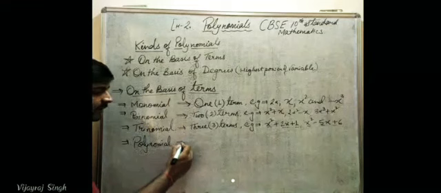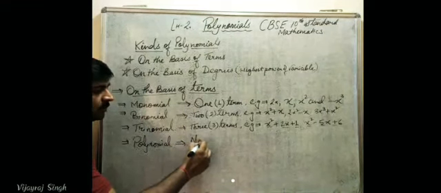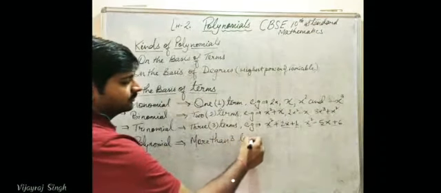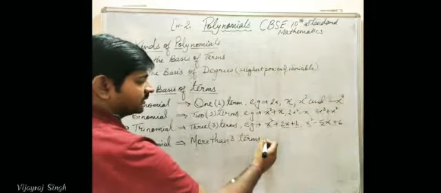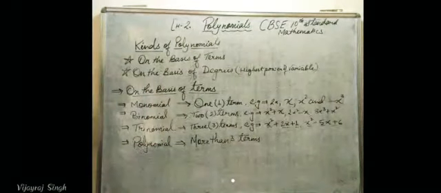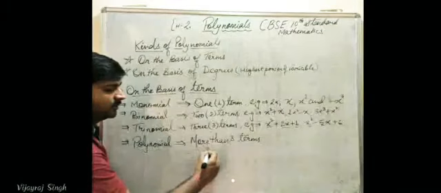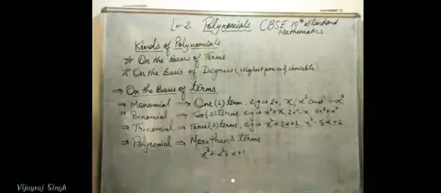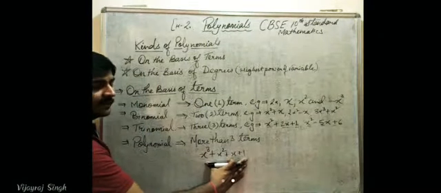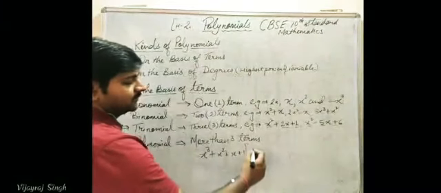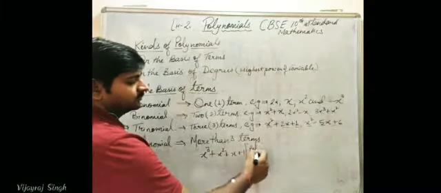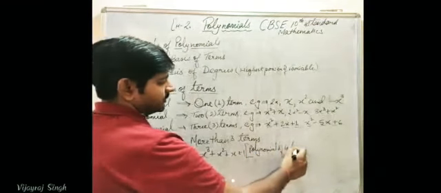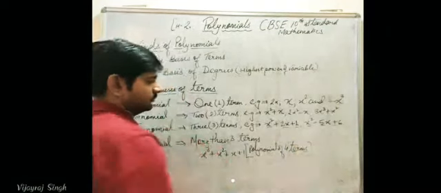And polynomial, we can say more than three terms, we can say directly polynomial, like x cube plus x square plus x plus 1. So these are more than three terms. So we can say it is a polynomial of four terms. Please write.